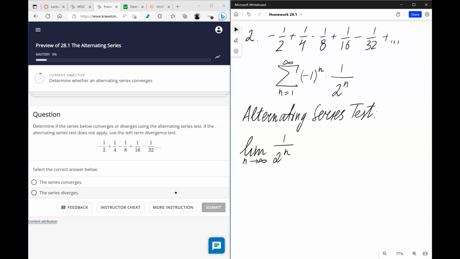To do that, we have to check a few conditions. We have to make sure that it is positive and it is decreasing. Both conditions are satisfied here, and we can see that that limit is equal to 0, and therefore this series converges. It converges by the alternating series test.